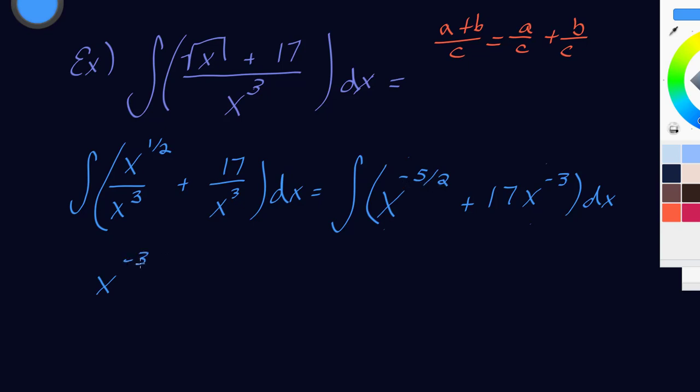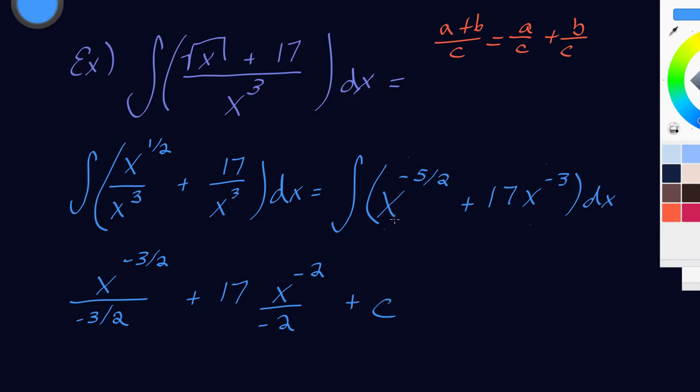That's going to give me negative 3 halves. Don't forget to divide by your new exponent. Plus, that's going to be 17, remember the constant just hangs out, times x to the negative 2 divided by negative 2. And we can just add c to this whole thing.